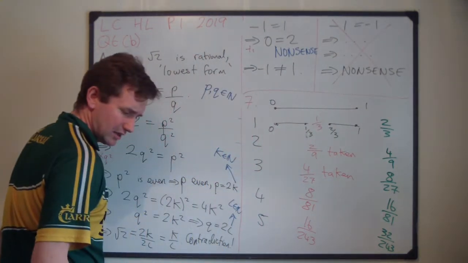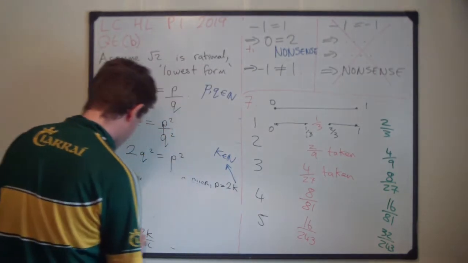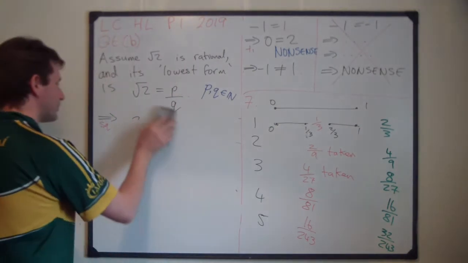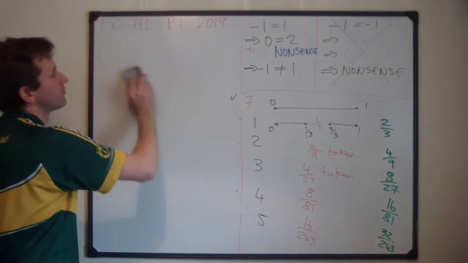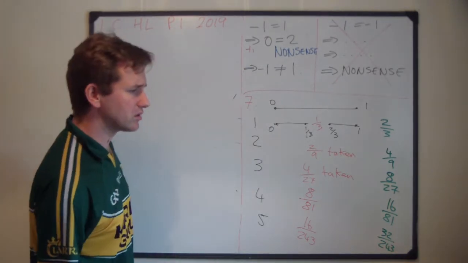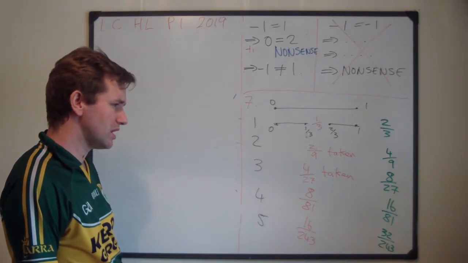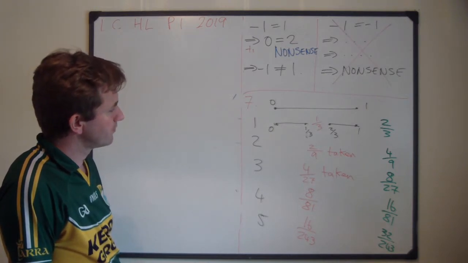Find the total length of all the line segments removed. I think we're looking at more pattern spotting here. Find the total length of all the line segments removed from the initial line segment of length 1 unit after a finite number of steps in the process. Okay.